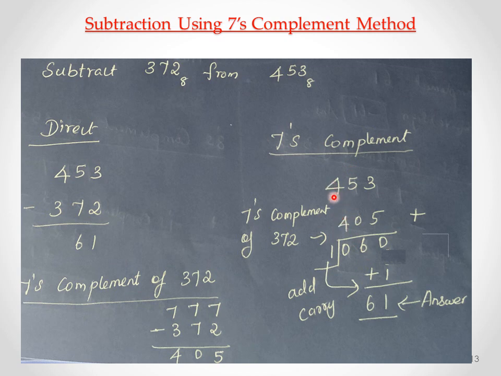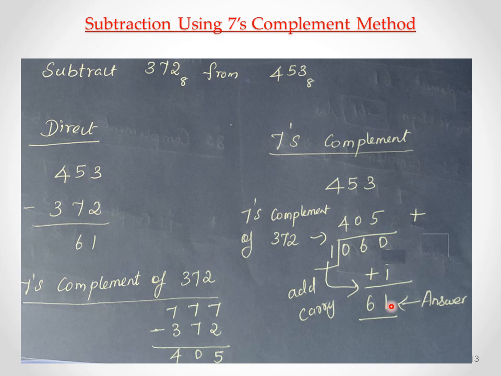Now 4 plus 4 is again 8, that is equal to 10 in octal. So 1060 is the sum. This is 3 digits, but we are getting the answer in the 4th digit, so the 4th digit is a carry. In the 7's complement method, if any carry is present, we have to add it to the LSB. So I'm adding plus 1.